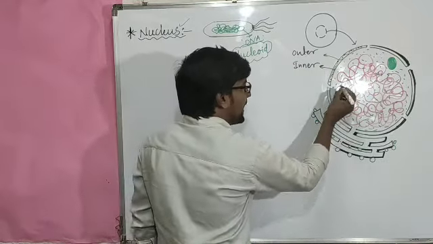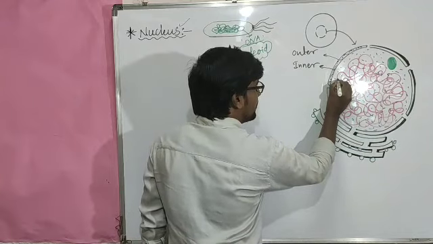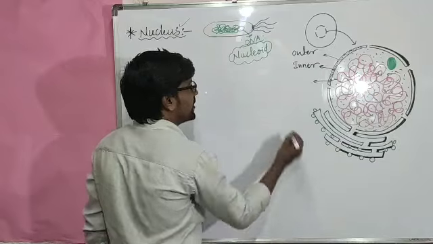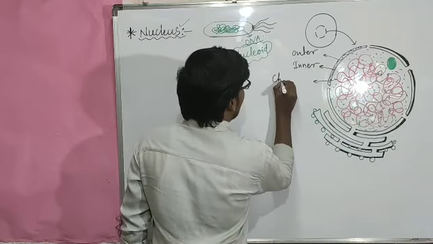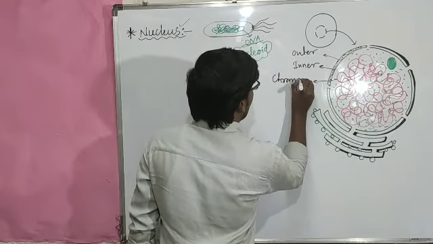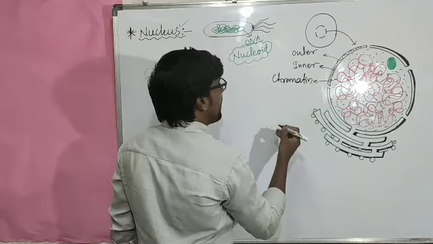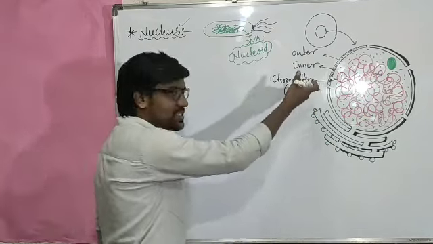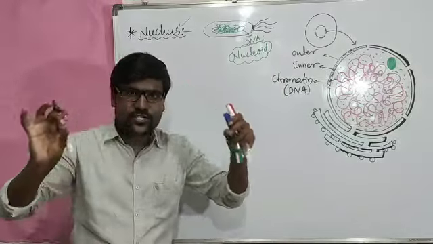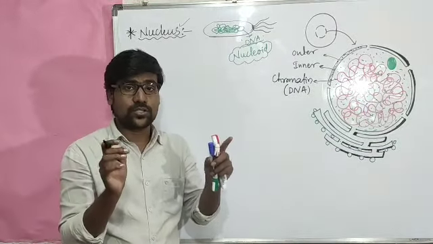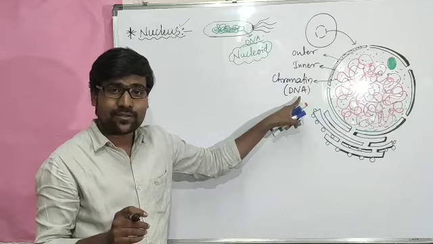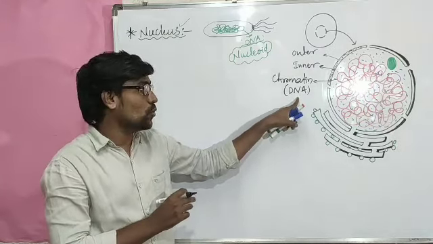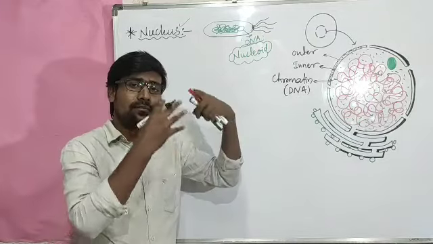And inside, the very important one, this coiled material, the total coiled material is considered to be the chromatin. Chromatin is nothing but the coiled form of DNA. DNA is a thread-like structure. Here I am just pronouncing DNA like that, but if you want to study DNA, it will take many classes.